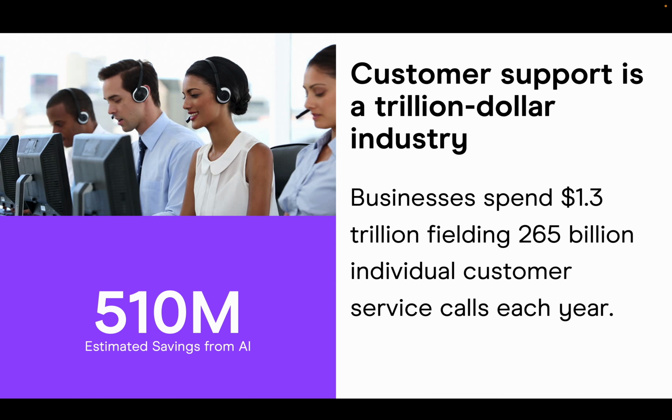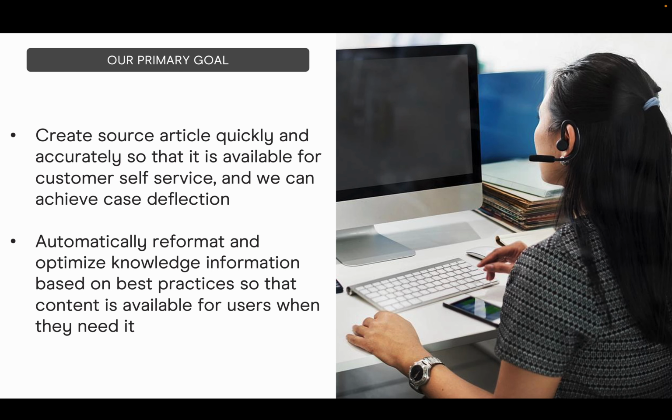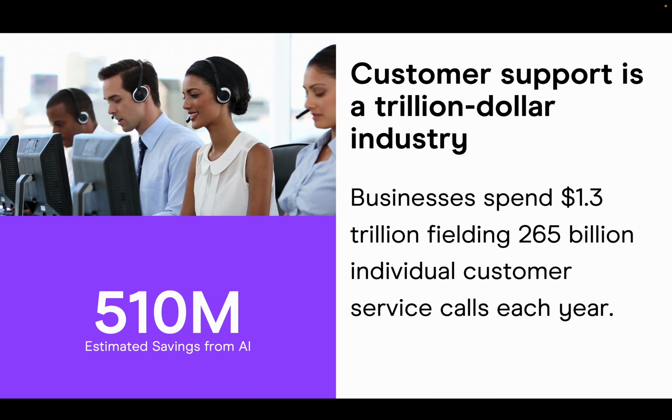Businesses spend about $1.3 trillion, and with that money, they field 265 billion individual customer service calls each year. It's estimated that AI could potentially save companies up to $510 million. That's money that could go back into the enterprise for different things if invested properly.